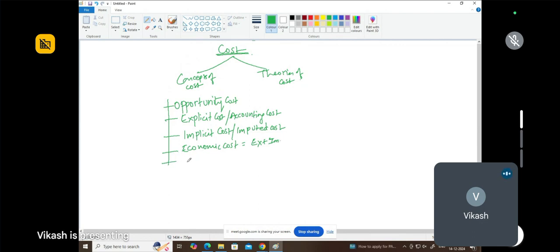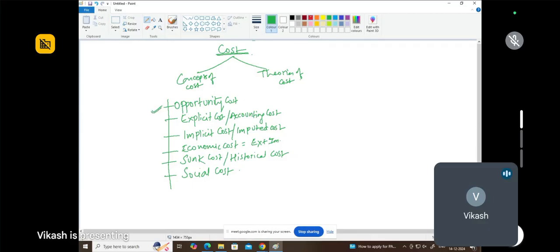Then there is sunk cost, also known as historical cost. Then there is social cost. So there are many such concepts of cost. Out of so many, the few that we need to discuss in this class are listed in front of you. So let's begin with the very important opportunity cost.